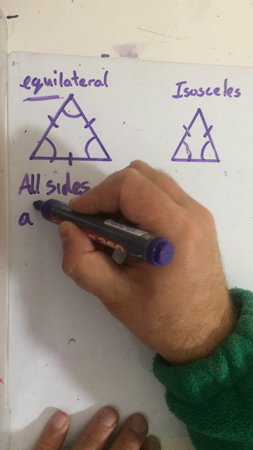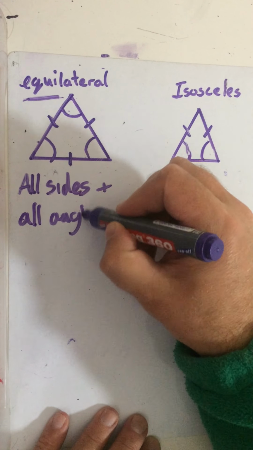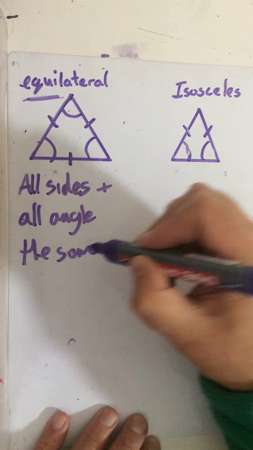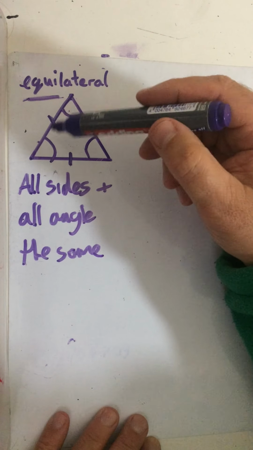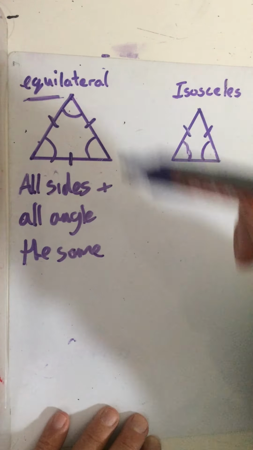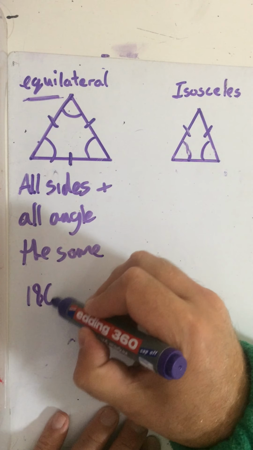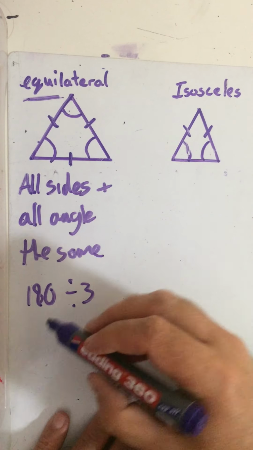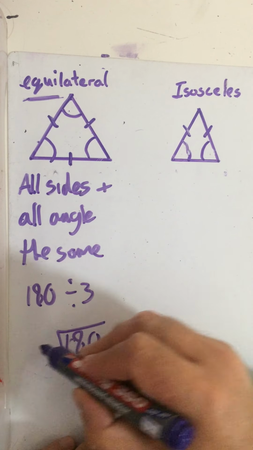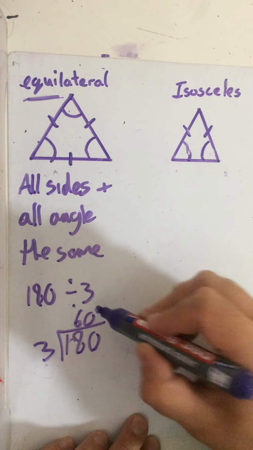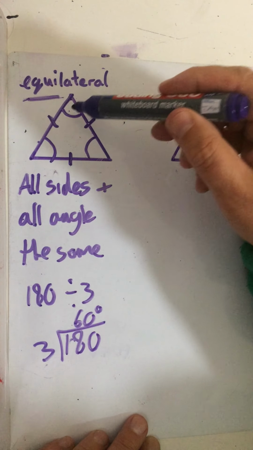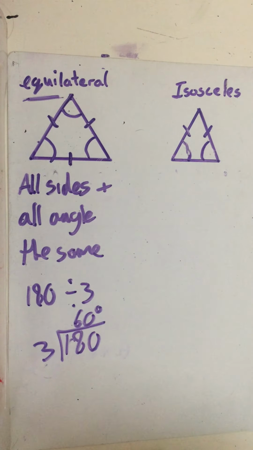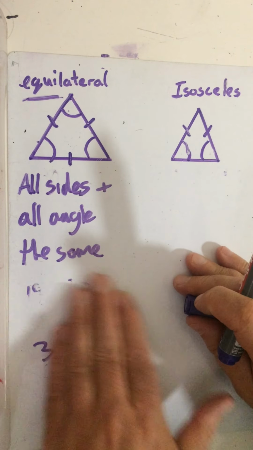We know the internal angles of a triangle add up to 180 degrees, and because each angle is exactly the same, we divide by 3. So 180 divided by 3 gives us 60 degrees. 60, 120, 180, isn't it? So 60, 60, 60 will all add up to 180. That's an equilateral triangle.